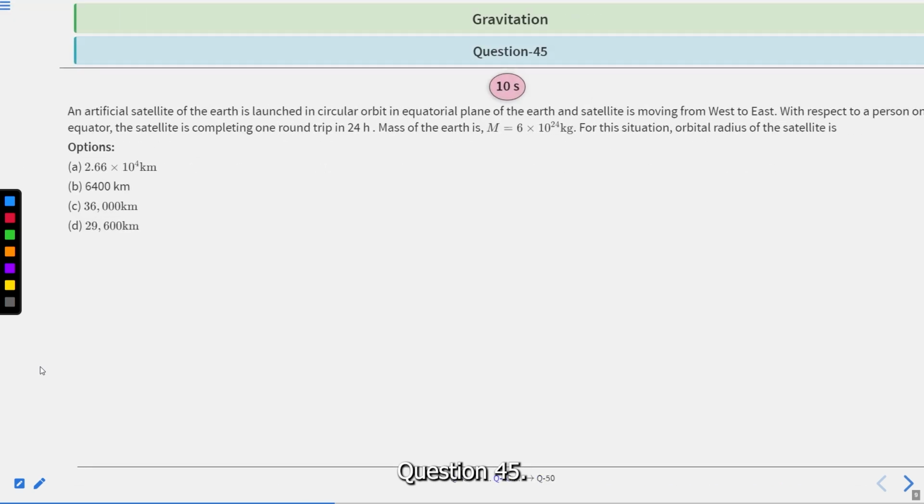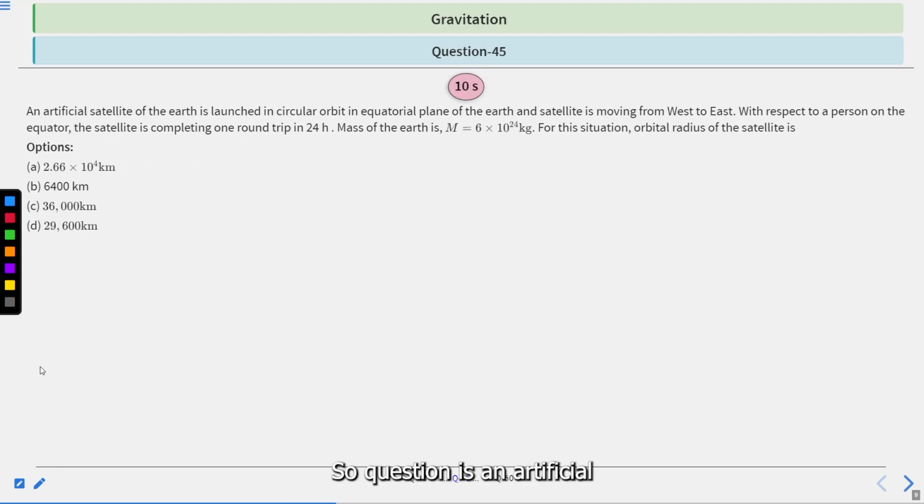Question 45. An artificial satellite of the earth is launched in circular orbit in the equatorial plane of the earth, and the satellite is moving from west to east with respect to a person on the equator.